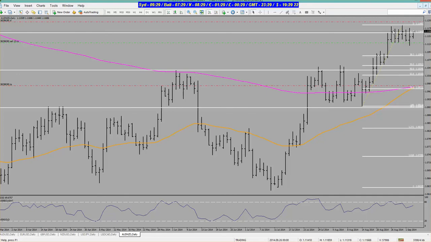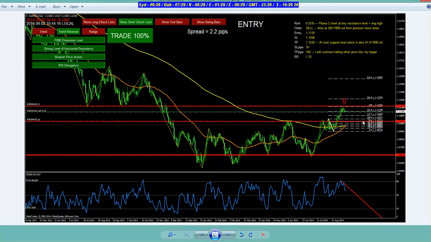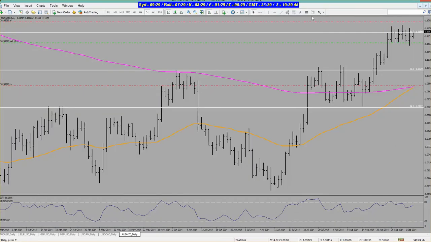Okay. Continue trailing when price hits my target. 76 stop. 100 pip profit. 1.3. Divergence there. And that's the 2. Yeah. Was the 2.